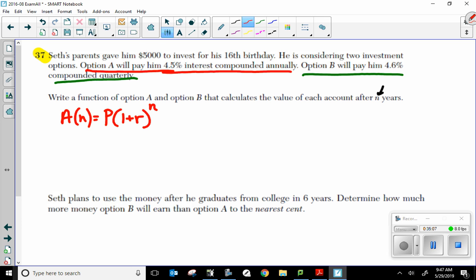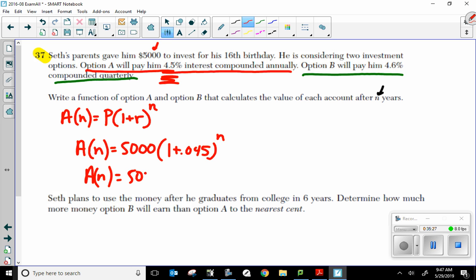So A of n is going to equal, he has $5,000 to put in, right? 1 plus 0.045. You have to slide that decimal over twice, to the n. If you want, you can say A of n equals 5,000 and combine those and say 1.045 to the n, that's fine, but you don't have to. I always say, why do extra work if you don't have to? That would have been correct.